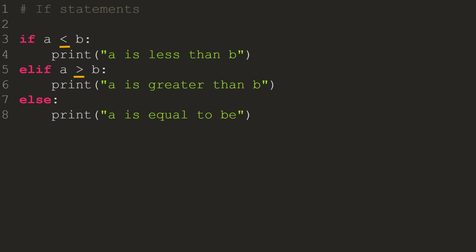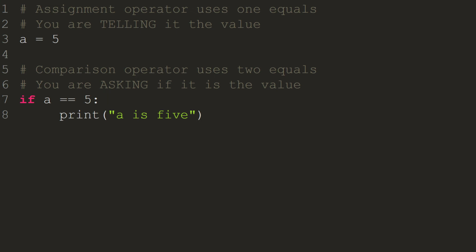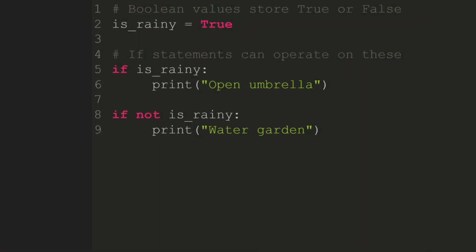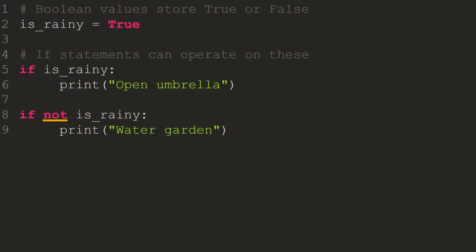We've learned that equals equals is the comparison operator for asking if two items are equal, while equals is the assignment operator used to set a variable's value. We can reverse logic using the not operator. Finally, we were introduced to boolean values, where variables can store true or false. The if statements can operate based on those values.